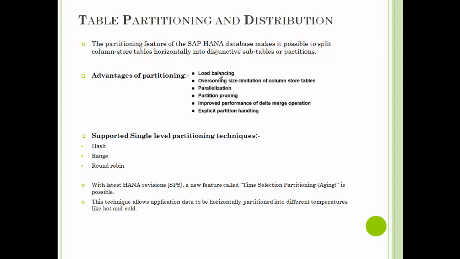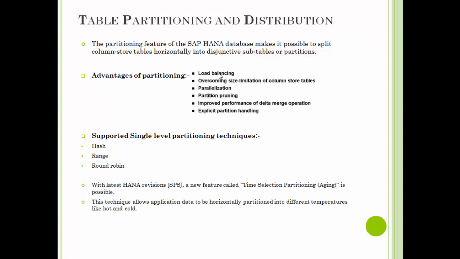Next is overcoming the size limitation of column store tables. How? A non-partitioned table cannot store more than 2 billion rows. It's a standard setting. But now it is possible to overcome this limit by distributing the rows across several partitions.